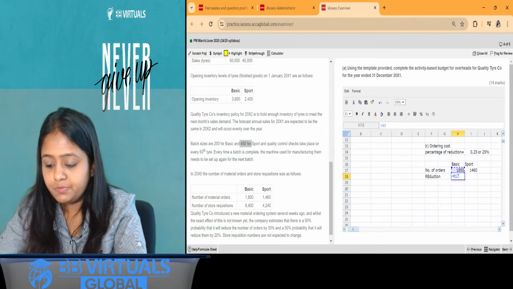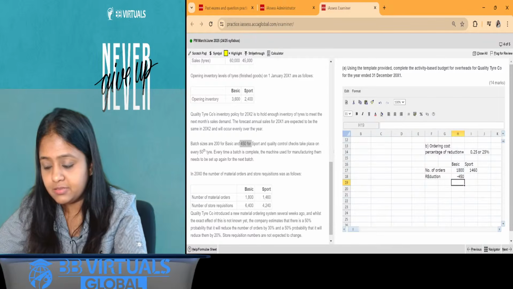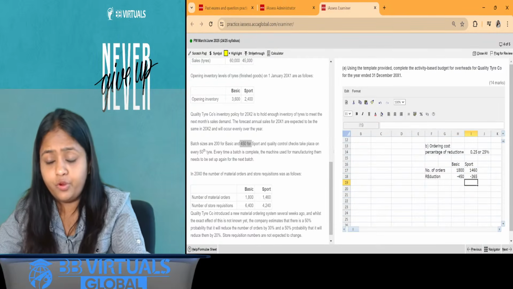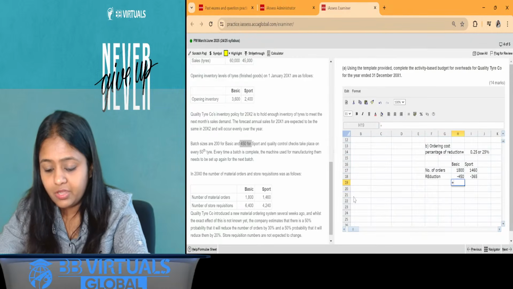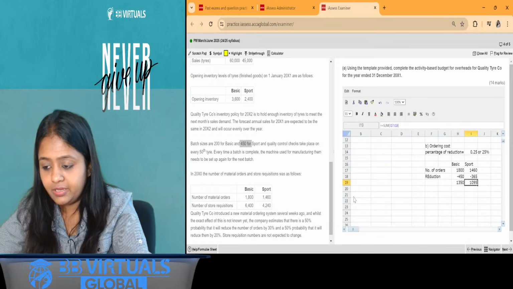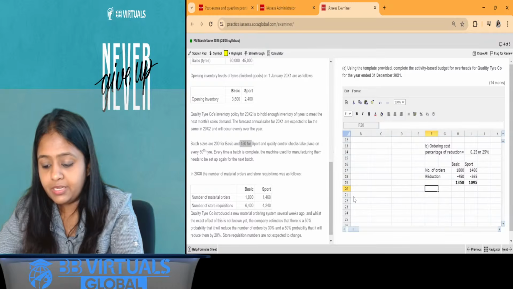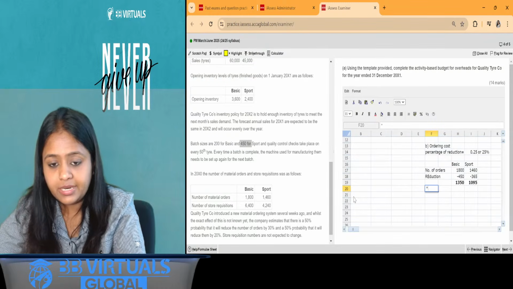Reduction will be this multiplied by 25%, and here this multiplied by 25% uniformly, because we have just calculated it. So after reduction, what do I get? 1350 and 1095. Now you will multiply it with the rate.